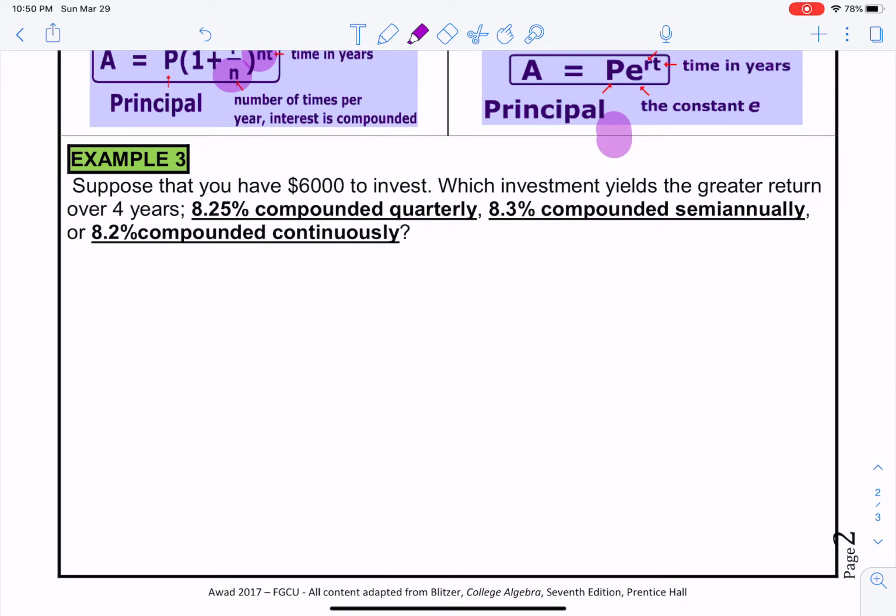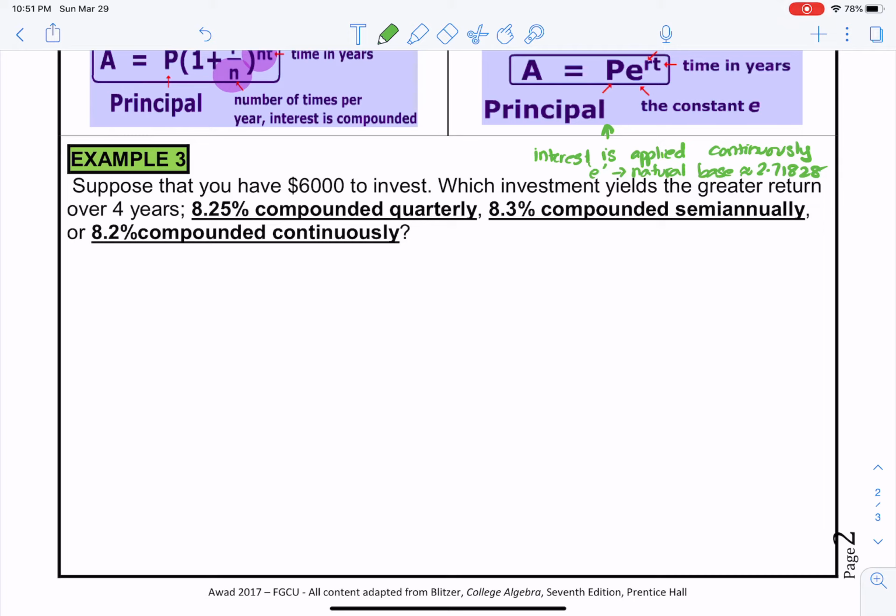This case is when we apply the interest continuously. And e is our usual natural base, and that approximate value is 2.71828.